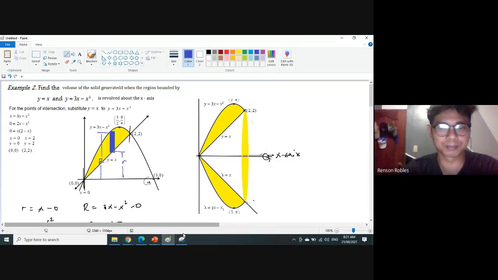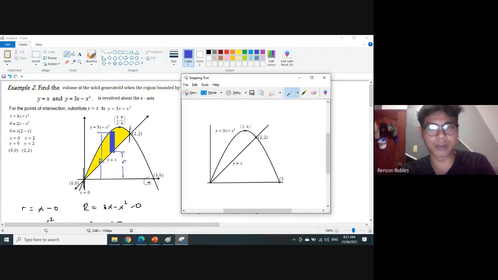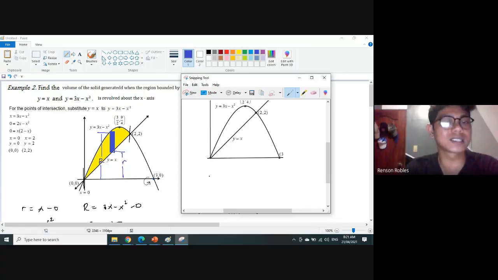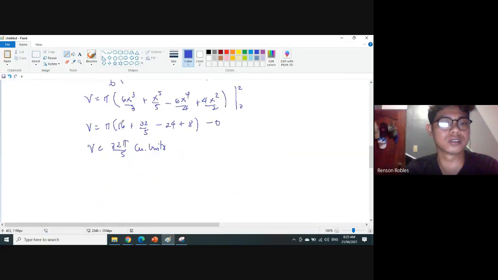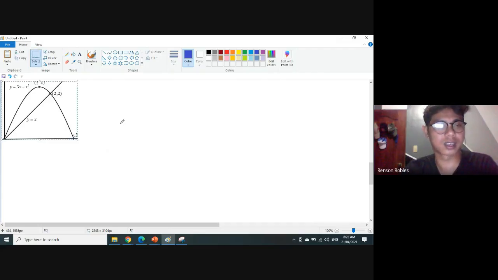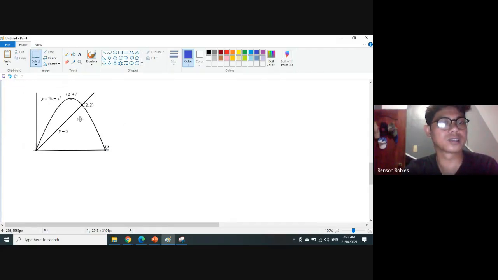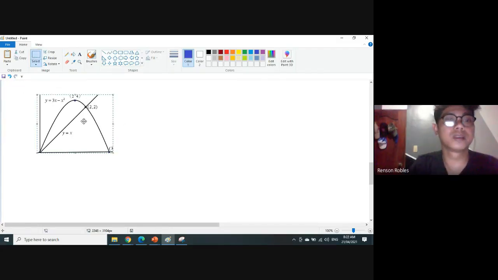This time, I will make use of the y-axis and x equals 2 to be the axis of revolution. Okay. Same problem, but this time, we're going to revolve it about the y-axis muna. So this is the axis of revolution.